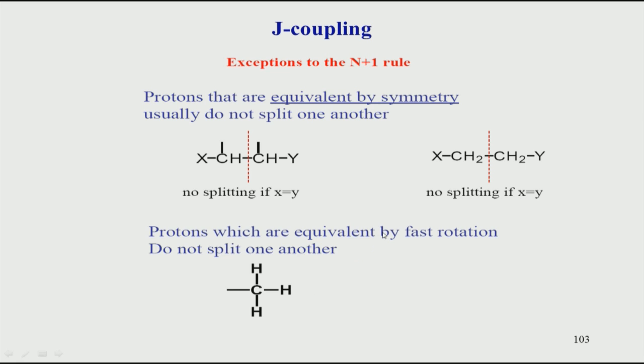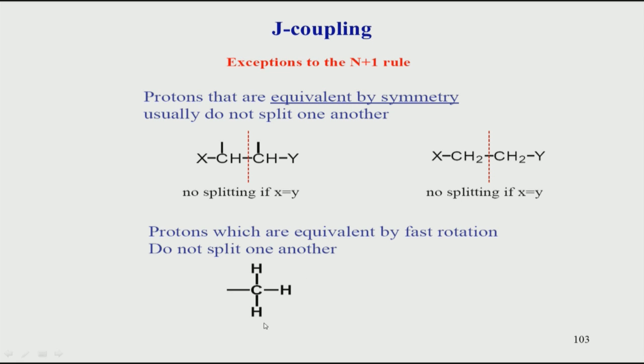That means between any two hydrogen atoms, if they are chemically equivalent, they will not split each other, but it does not mean that there is no J coupling. It is just that the NMR is not capable of revealing the coupling between two equivalent hydrogen atoms.